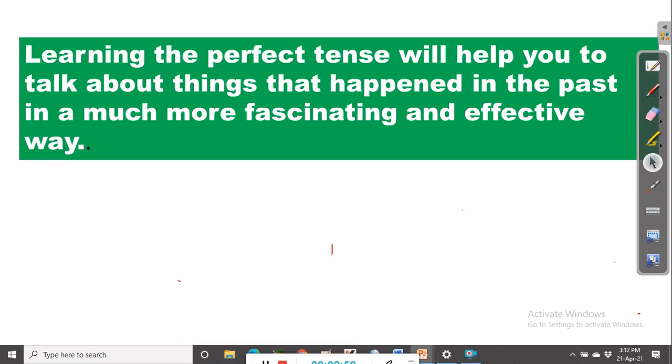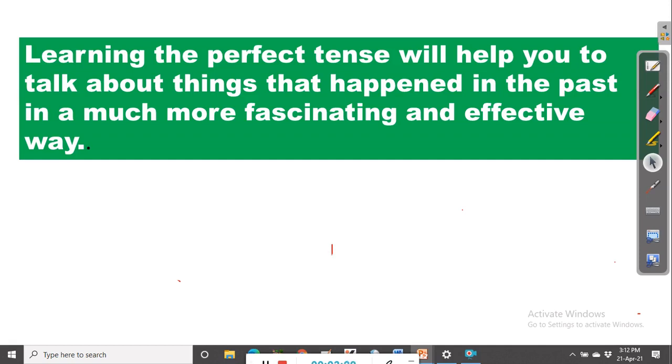Learning the past perfect tense will help you to talk about things that happened in the past in a much more fascinating and effective way. What the past perfect tense does is that it enables you to express your ideas with more clarity.